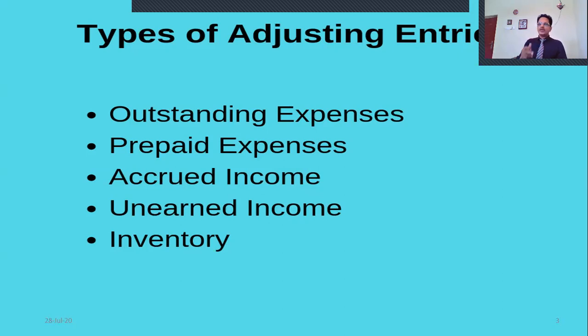Then accrued income means income due but not received. You earned the income, you deserve it, you have to get it but didn't get. So that case also we have to discuss. Sometimes income becomes due but not received, so it will be received in future.